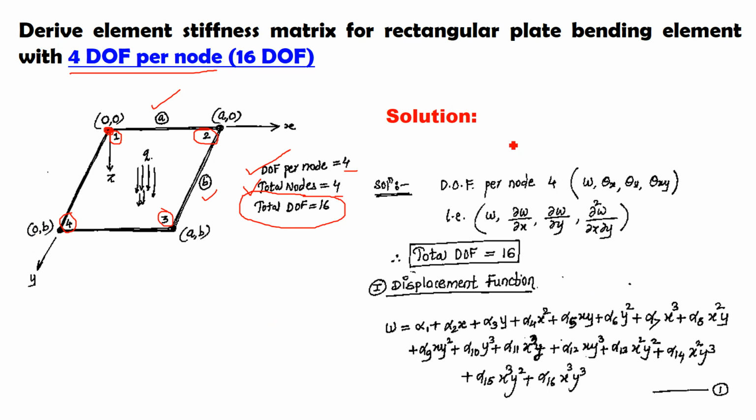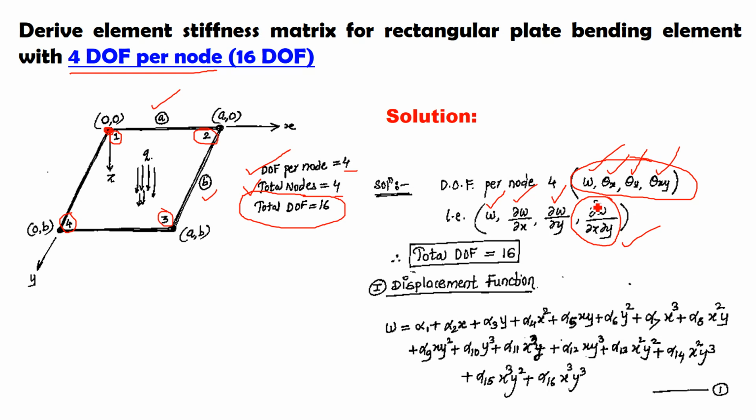Now which 4 degrees of freedom per node are considered? Those 4 degrees of freedom are W, theta x, theta y and theta xy. That is, W means deflection, theta x is bending slope, that is dW by dx about the y axis, dW by dy is the bending slope about the x axis, and d square W by dx dy is the twisting rotation.